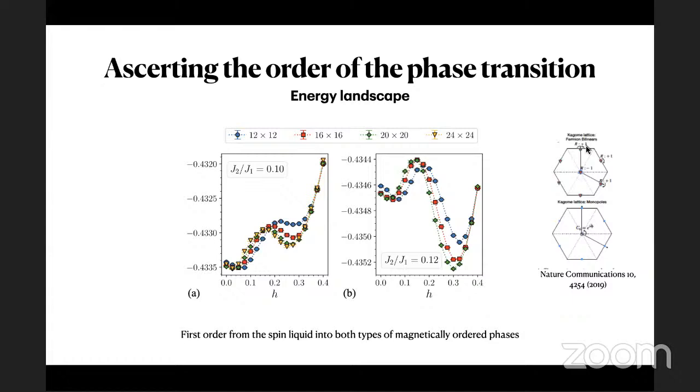Therefore a natural transition from the Dirac spin liquid to the Q equals 0 order, a continuous transition, is expected.